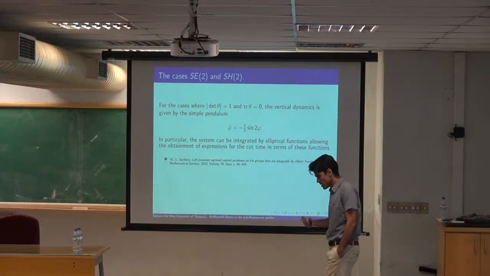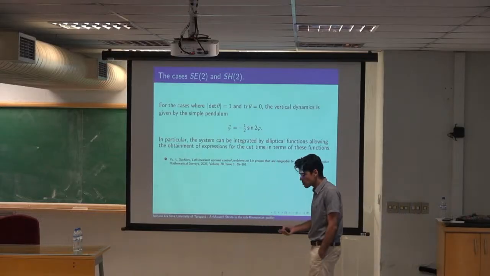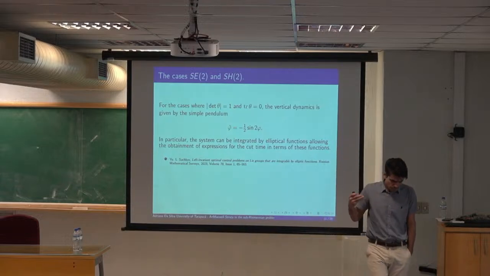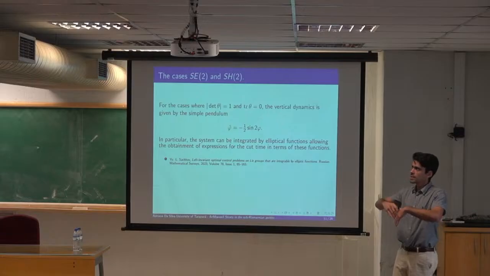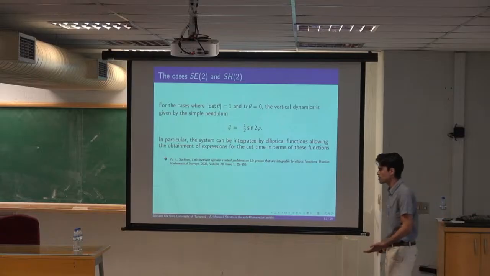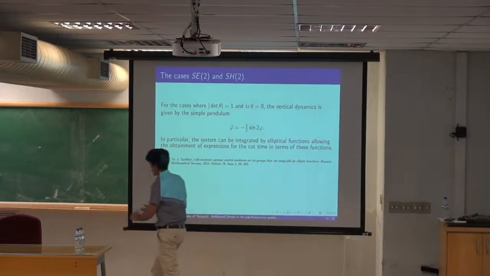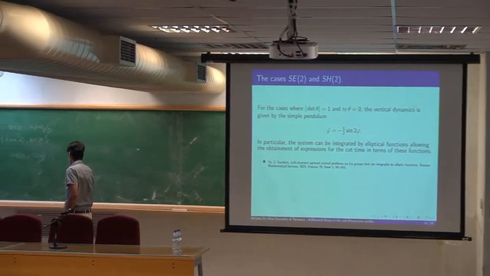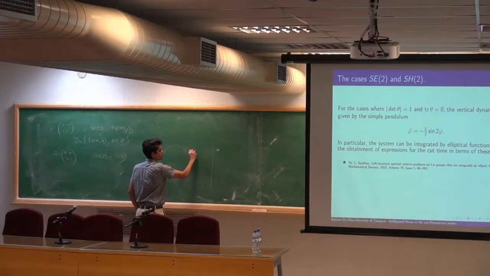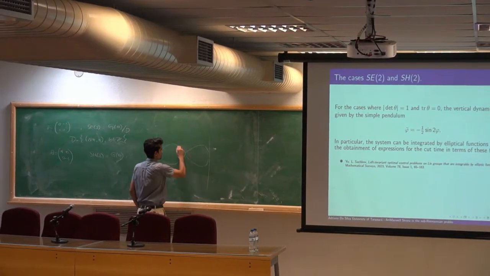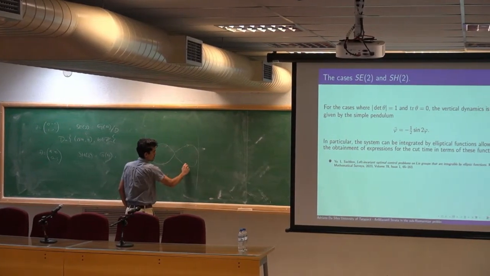Once you integrate it by elliptic functions, the idea in their work was that they look at the dynamics of the pendulum. That's quite well known. You have a pendulum under some identification, and then the dynamic of the pendulum is like this.